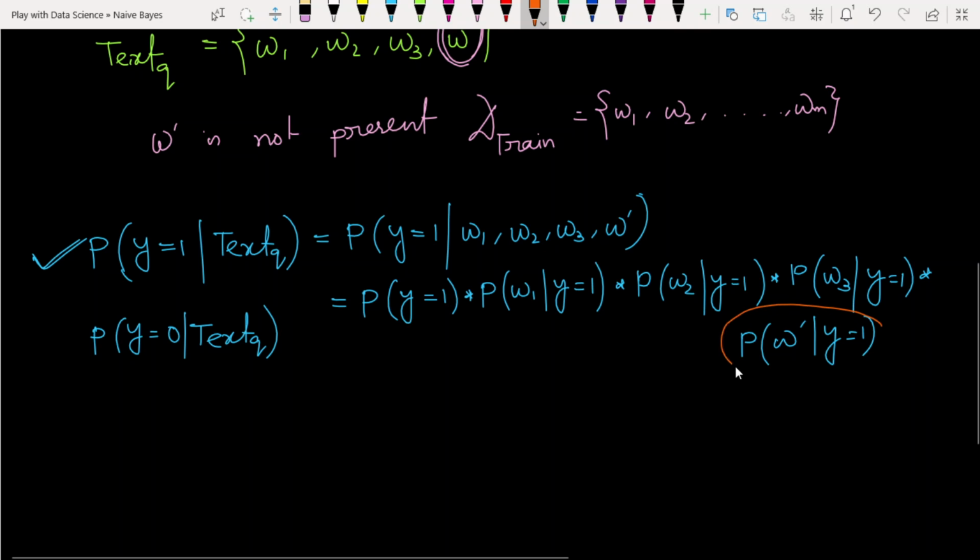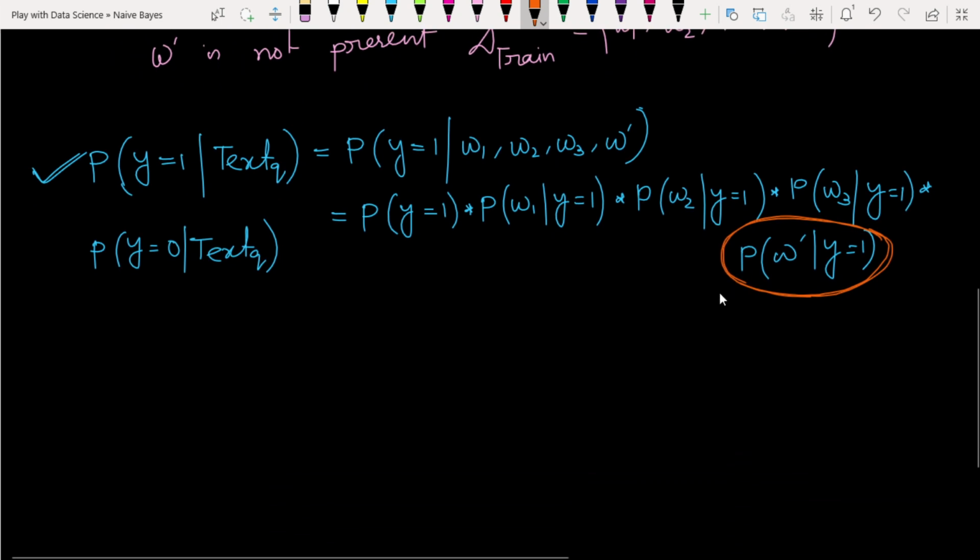How will we find this value, how do we calculate it? Because in our training set w dash does not occur, so we do not know anything about this probability.